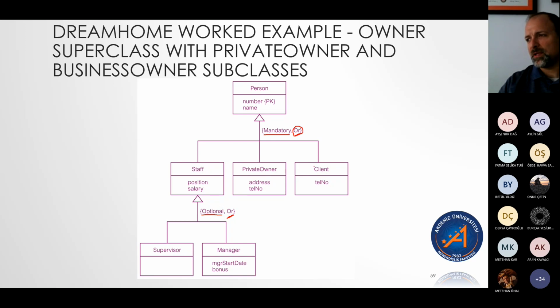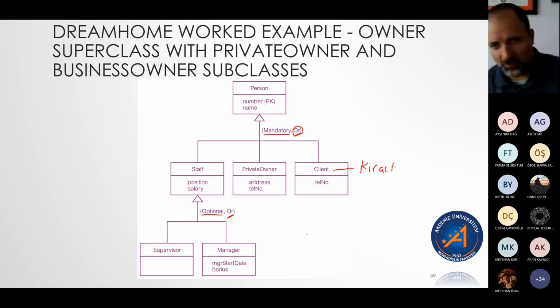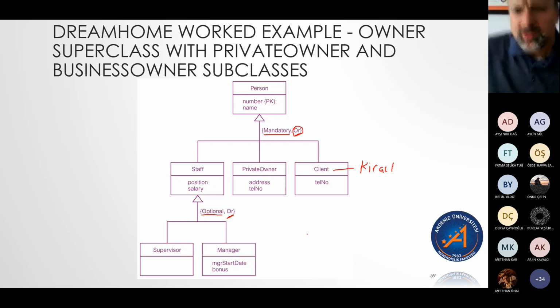That's what a client does. Right. Does that seem reasonable to say that an owner can't rent also, or a staff person can't rent, or a staff person can't own? Does that seem like a good design decision?